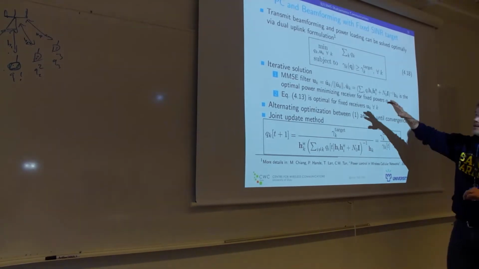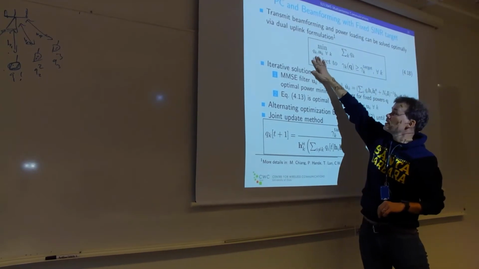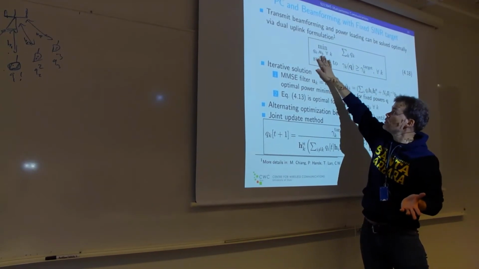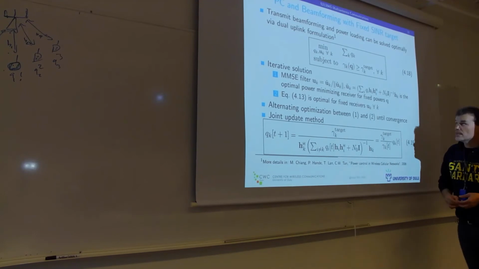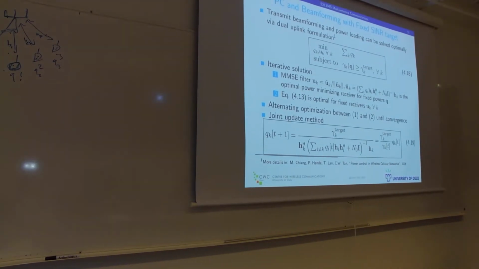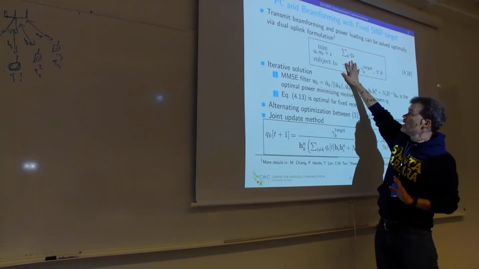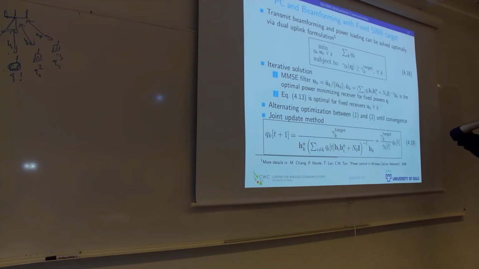So we have here K values of Q, and then K beamformers U. It turns out that when you do this alternating optimization iteratively, it goes to the optimal solution.